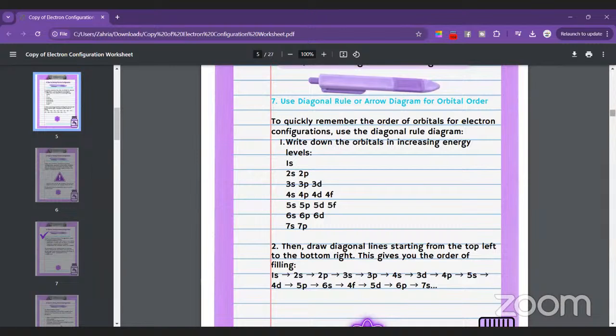You see this guide right here where it says 1S, 2S, 2P, 3. This is what you see in chemistry books, but this is the order that you must follow. Fill up 1S, fill up 2S, 2P, 3S, 3P, 4S, 3D, and so forth. This is the pattern that you go by.